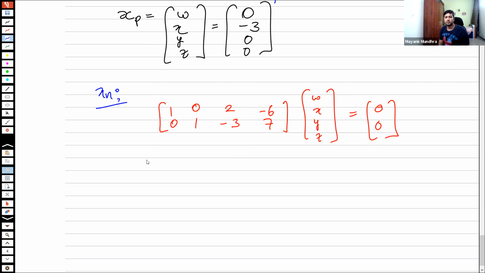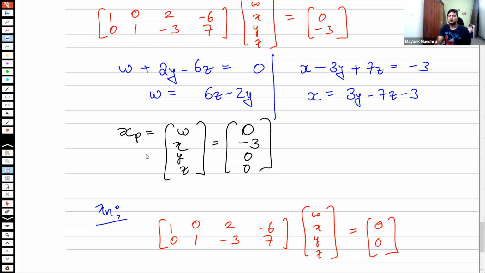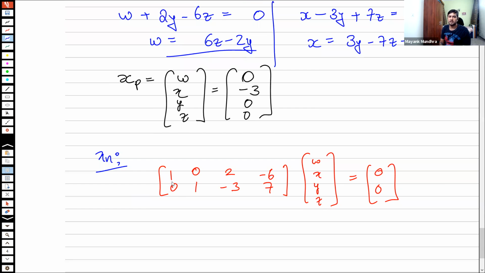So here the first equation becomes this very same equation, because the same thing applies here. So the first equation becomes w equals 6z minus 2y. And the second equation, instead of minus 3 here, I would have 0. So the second equation becomes x equals 3y minus 7z.